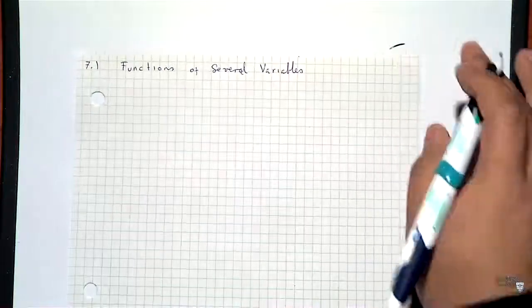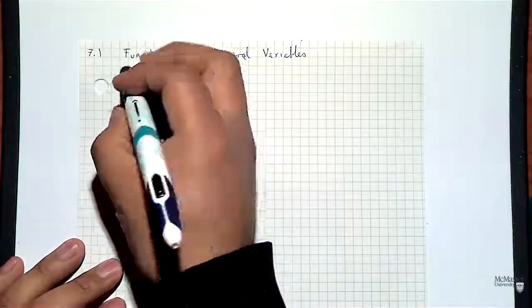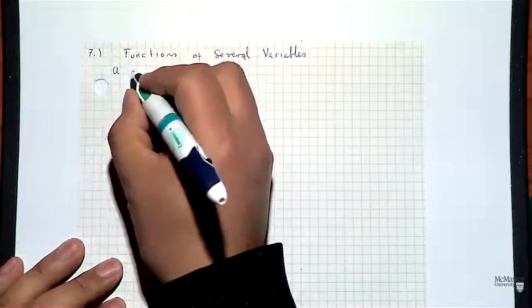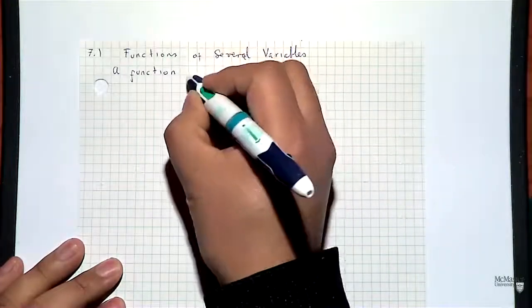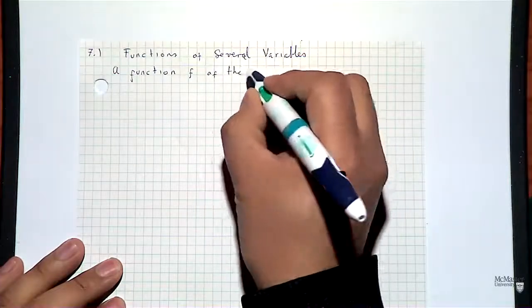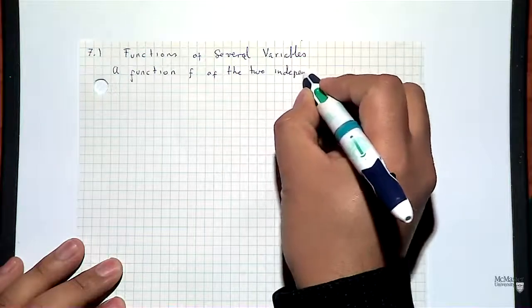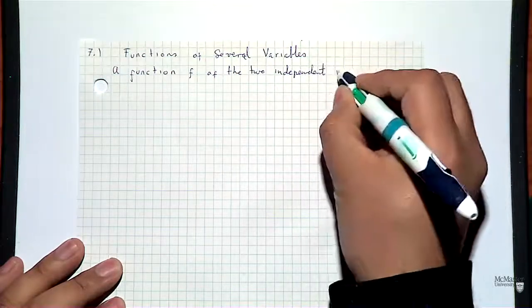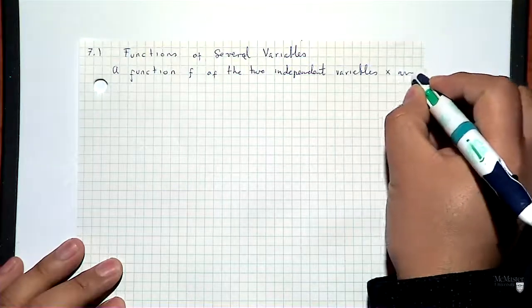So you may or may not have seen this before. If you haven't, we will do an introduction. If you have a function that we're going to call f of two independent variables, we're going to call x and y.